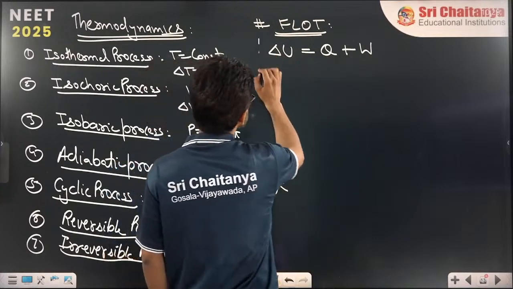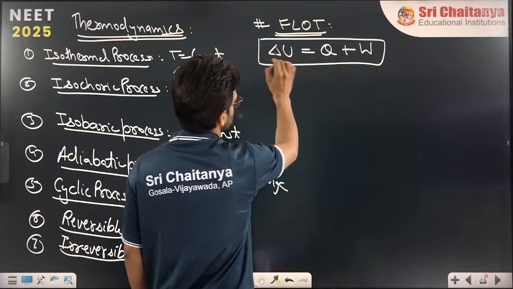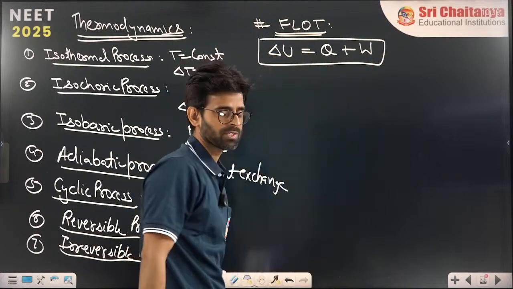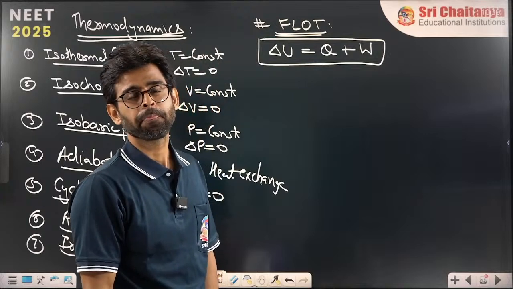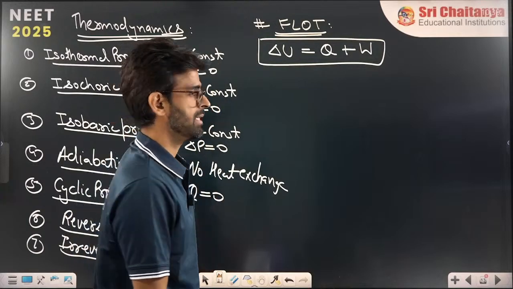Delta U is the change in internal energy. Q is heat exchange, and W is work, right?